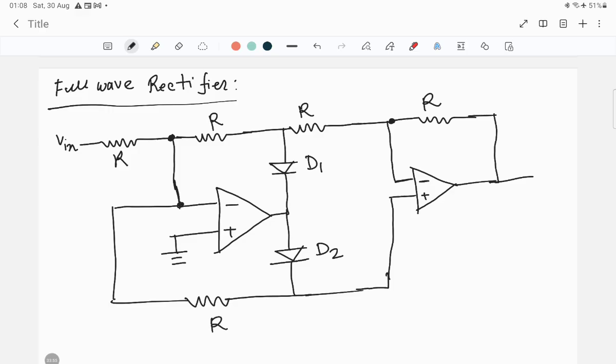Right now we will try to formulate how the output voltages will look.